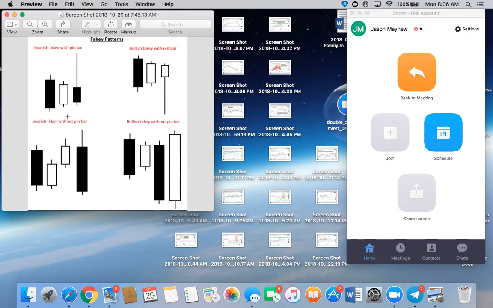So what happens is the everyday trader starts seeing this bar and it breaks out above the previous high, and they go long. And this is what triggers the banks to short. So as it gets up here, this is where the banks start shorting.